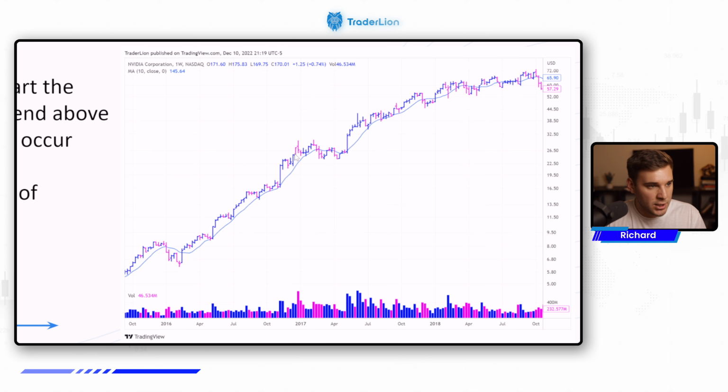But one more way that you can use a 10-week moving average is you can look to the left on the chart and see how often or how far the stock usually gets above that 10-week moving average. So as an example, if you look to the left on the chart of NVIDIA and see that it often gets about 20% above the 10-week moving average, then going forward, you can use that number as a guideline.